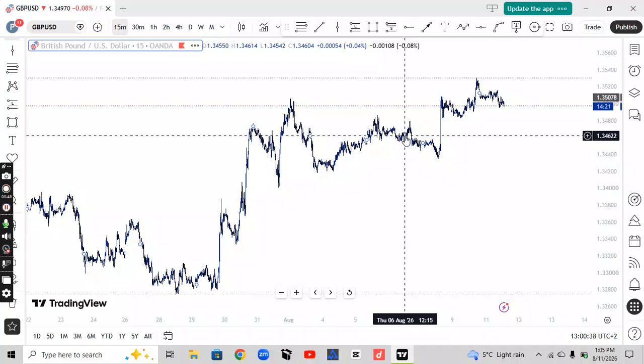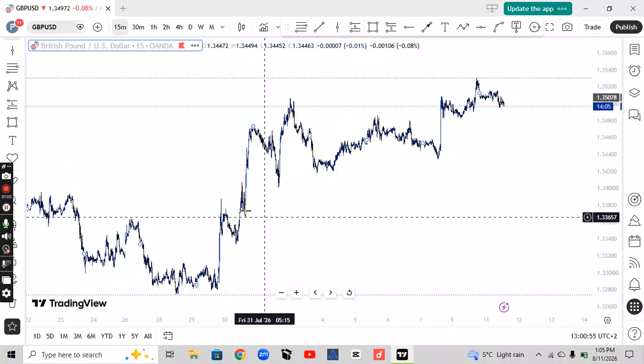When we draw out an order block, we validate it by it having a fair value gap above it in a bullish market and below it in a bearish market.